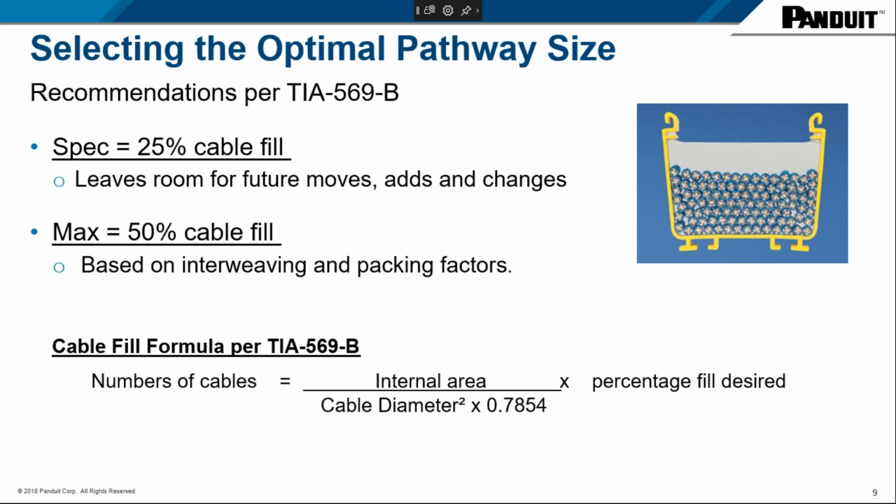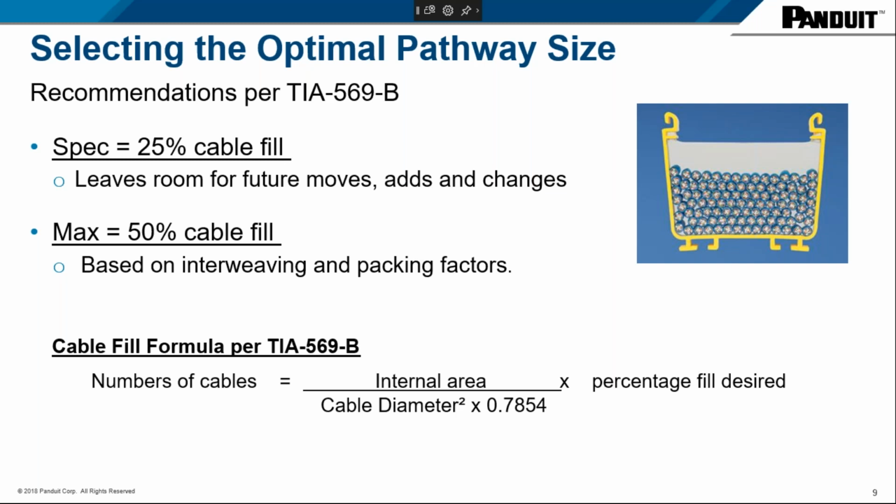Again, the max fill we're recommending is a 50% cable fill, but you're really leaving the possibility of needing that second layer, because your pathway is going to be very full, and it's not going to provide room to add more cables.